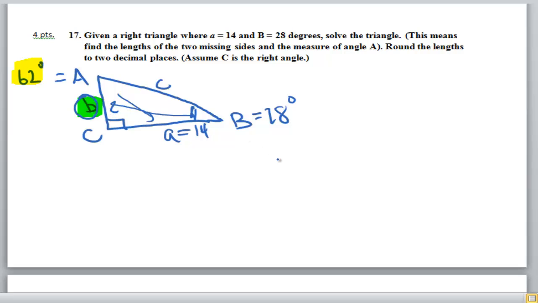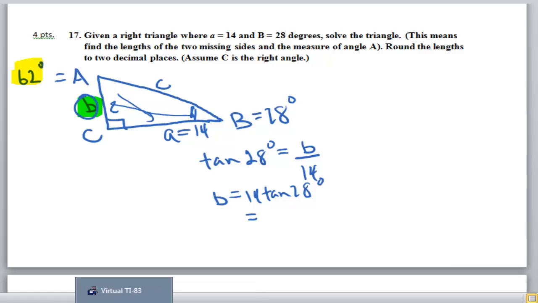So what trig function involves opposite and adjacent? It would be tangent. So I would do the tangent of 28 degrees here equals the opposite, which is B, over the adjacent, which is 14. And now if I cross multiply here, I'm going to have B equals 14 tangent of 28.